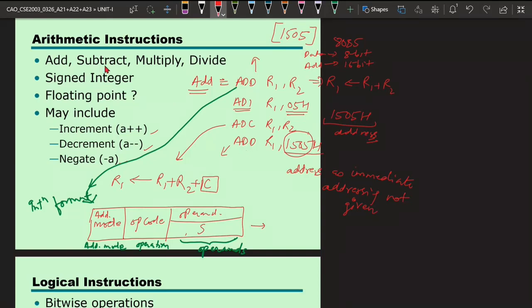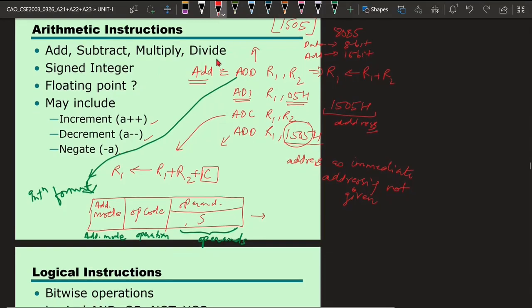Similarly, for subtract we write sub; SUI is for immediate, and SUC is for subtract with carry, where instead of carry it will be a borrow. This is how we do the arithmetic operations.